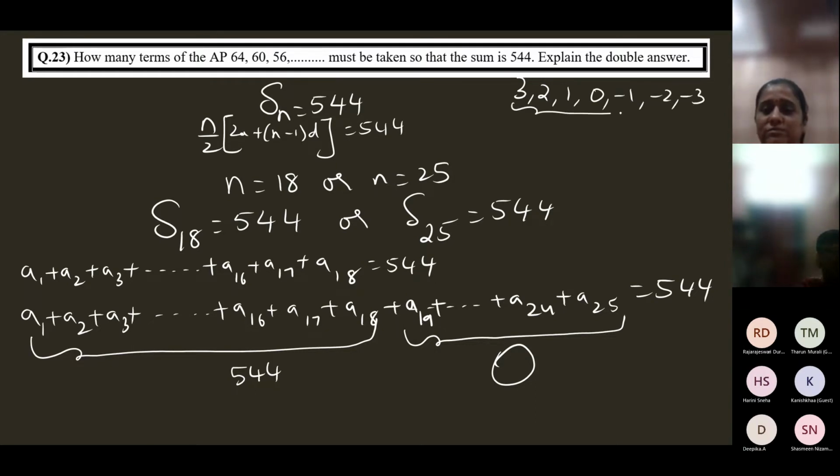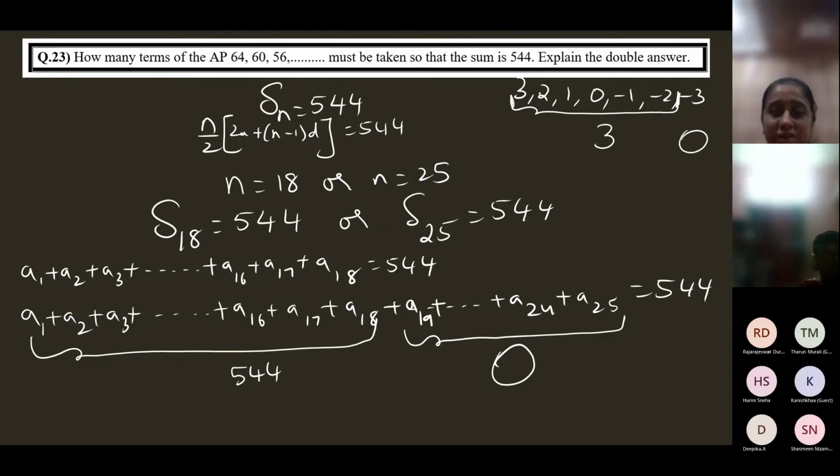What is the sum of all the numbers here? Till -3, ma'am. Yeah, all the numbers. It's 0, ma'am.